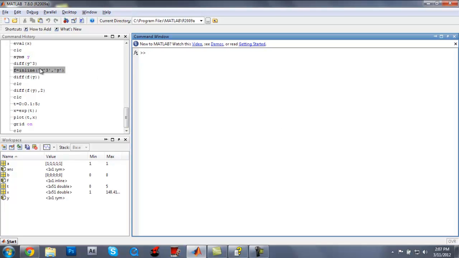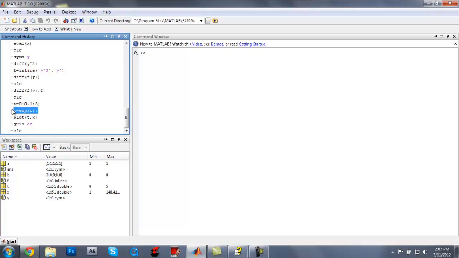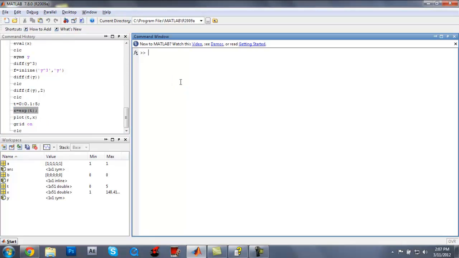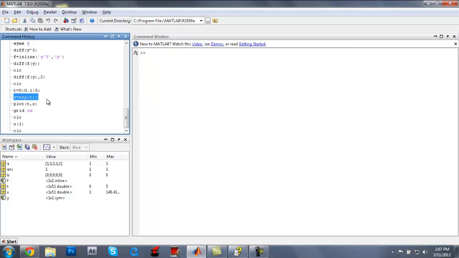If I have defined x as the exponential, and I want to find the value of the exponential at 1, I can write x1 and hit enter. It gives 1, but that is incorrect. We should get around 2.7. It's incorrect because this is not a function.